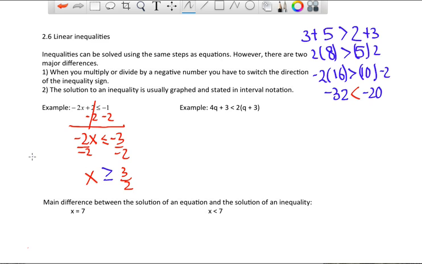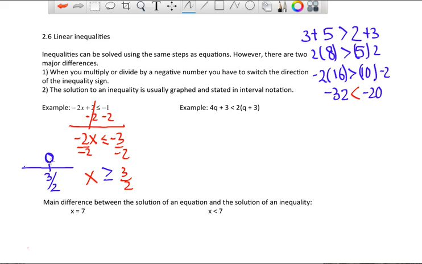So x greater than or equal to 3 over 2, you can graph it, and this is a very common way. Just put the number on a number line. You don't have to number it all the way from 0 to 1 and then 3 over 2 and then 2. Just put that number on there. The inequality sign says greater than or equal to. Because it says equal to, imagine that you have the number 3 over 2 in your hand.